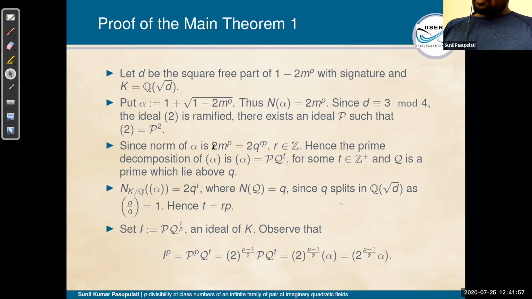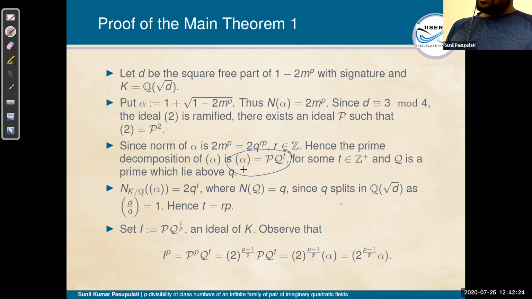Now, as I said, only primes that lie over 2 and q appear in the factorization of alpha, which will be P and Q. So if the factorization of alpha is P times Q to the power T, then look at the norm of the ideal alpha.